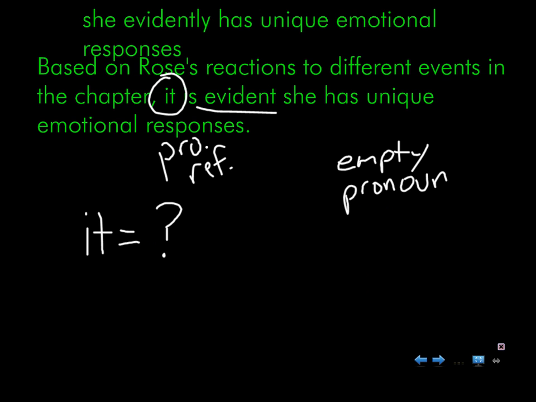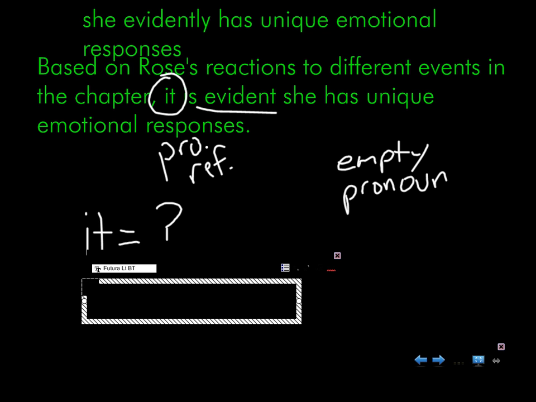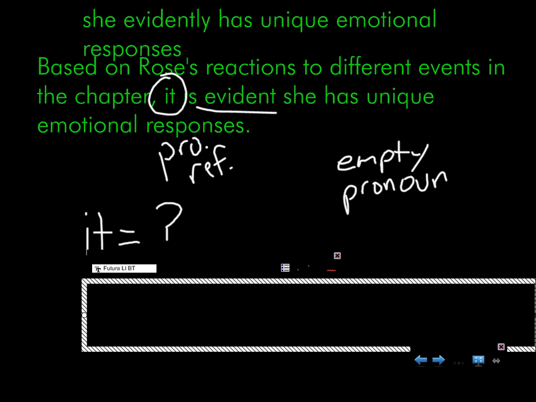Ryan, how about this? What's the sentence about? Rose's reactions, right? Let's start with that as the subject. Rose's reactions to different events in the chapter. Somebody want to finish that for me? Chris? I don't like the "evidence," true.